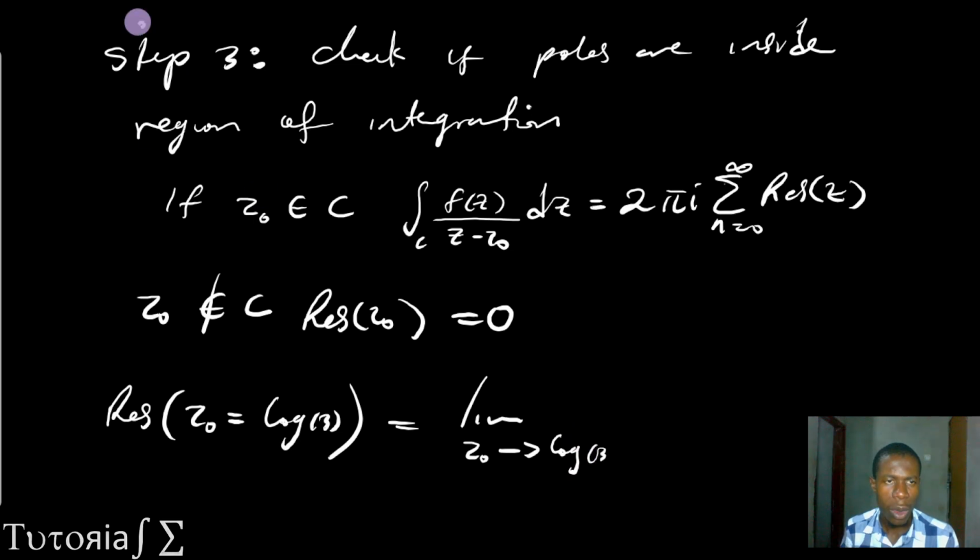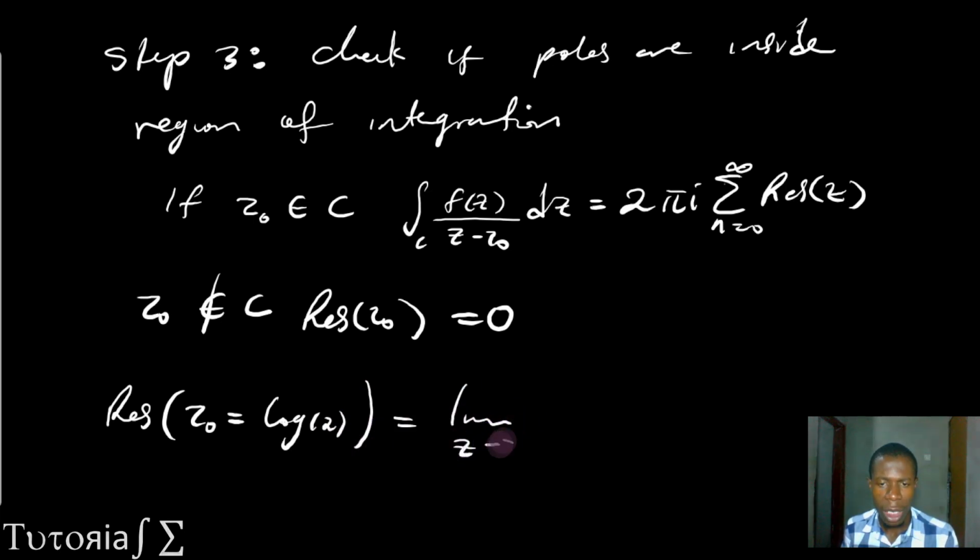Let me write the general form: as z approaches z naught, we'll say z minus z naught times the function f of z. Okay, so this is the residue formula.